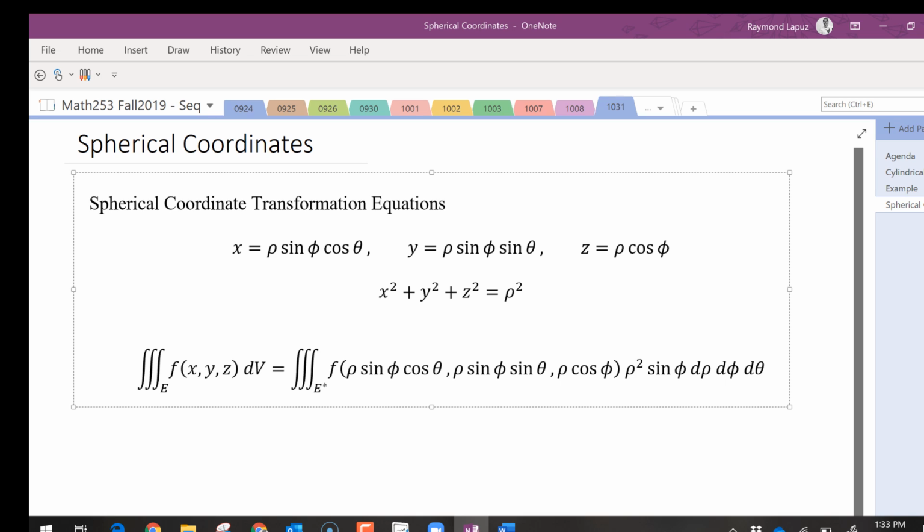Spherical coordinates, as the name may suggest, cater very well with spheres. Cylindrical coordinates would cater very well with cylinders.